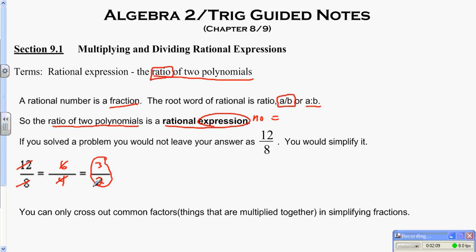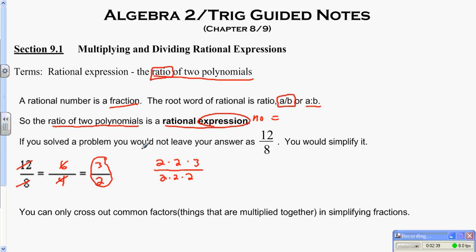Now we can only simplify this when numerator and denominator have things being multiplied. For example, another way to do this that you're taught in middle school would be to ask what the prime factors of 12 are. Well, 2 times 2 times 3 are the prime factors of 12. 8 is 2 times 2 times 2.